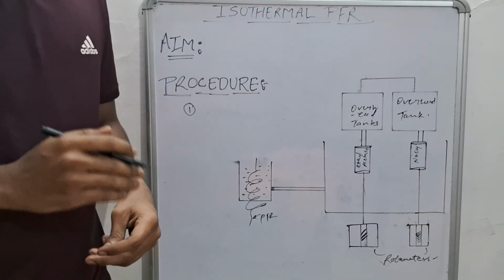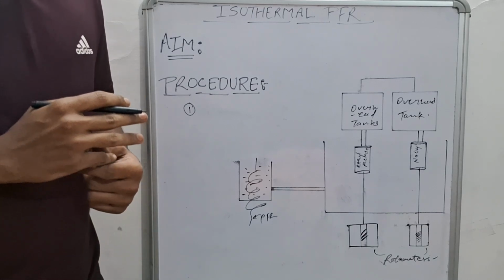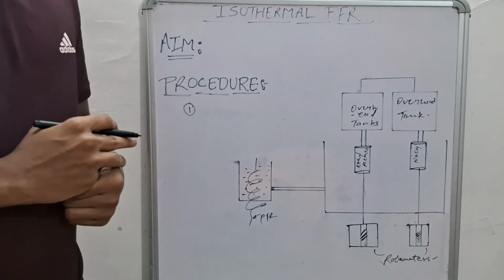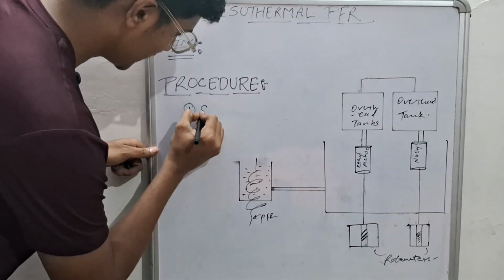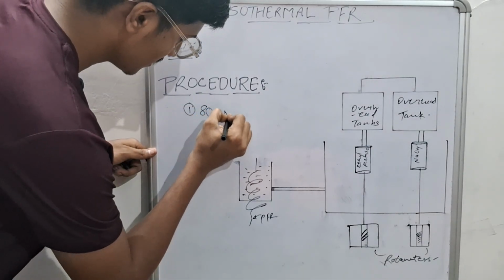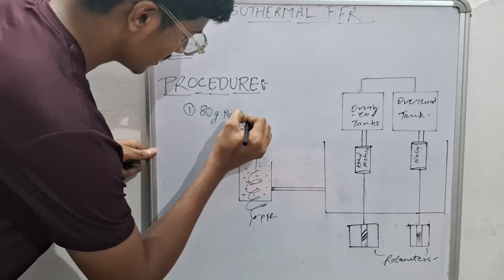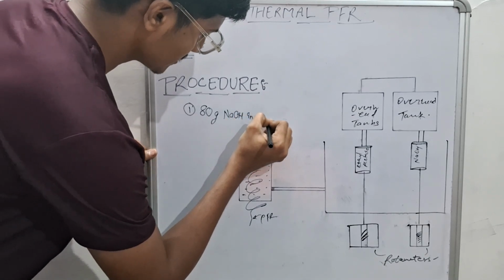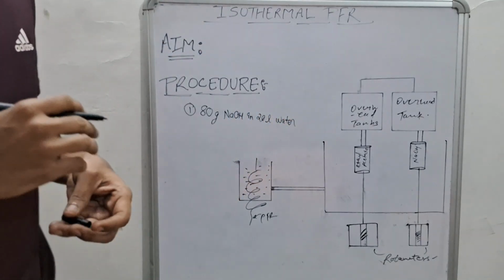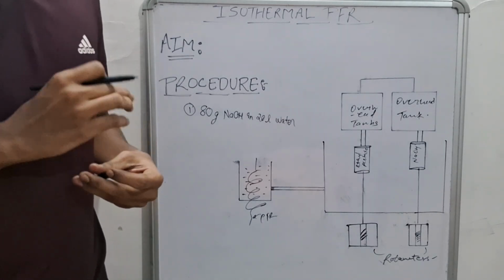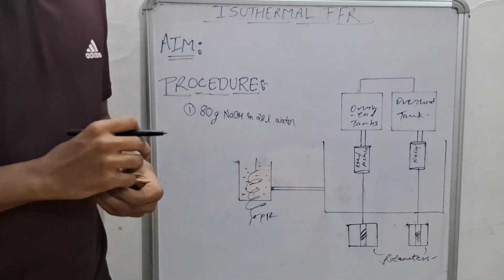We start by preparing our solutions. First of all, we dissolve 80 grams of NaOH in 20 liters of water. This we are doing to prepare a 0.1 normal NaOH solution.